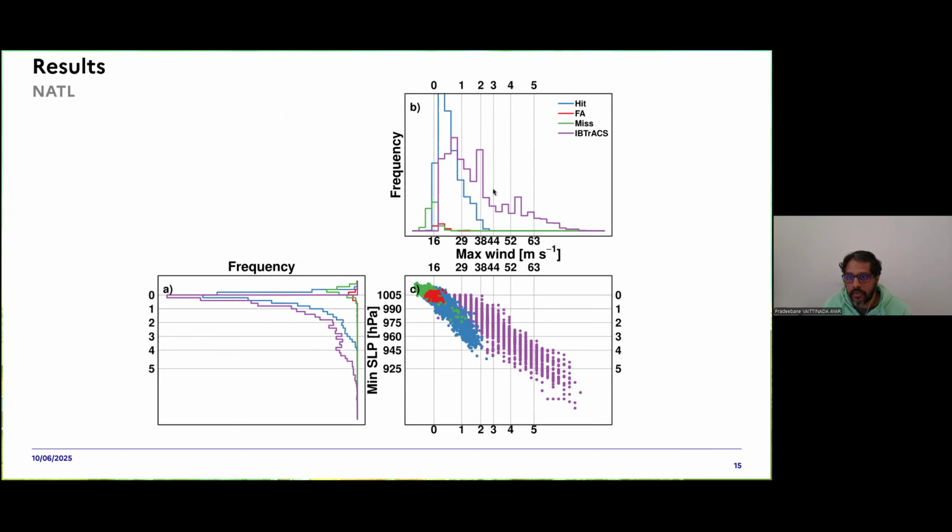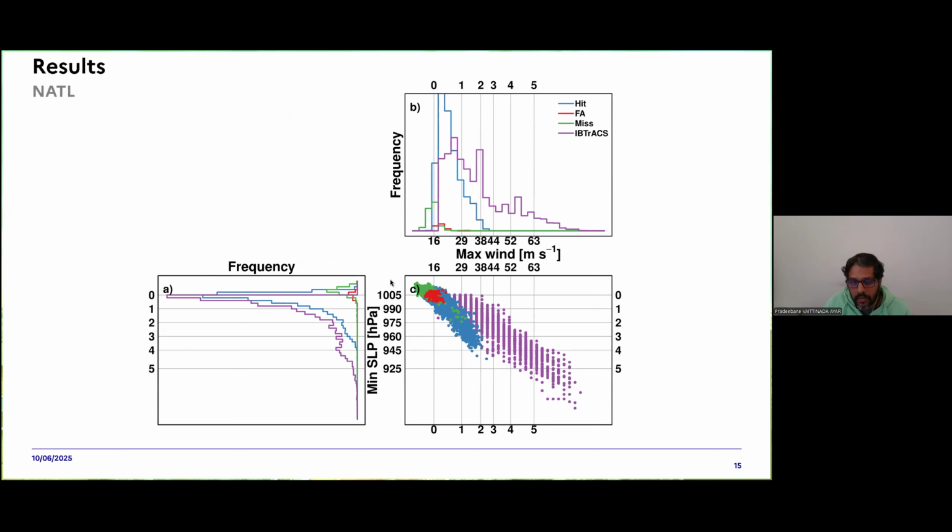You barely reach a category 3 cyclone, while you have category 5s in observation. So this is the first problem with ERA5 actually. And then if you look at the pressure, you reach a category 4 for ERA5, while you have category 5 for pressure in the observation.